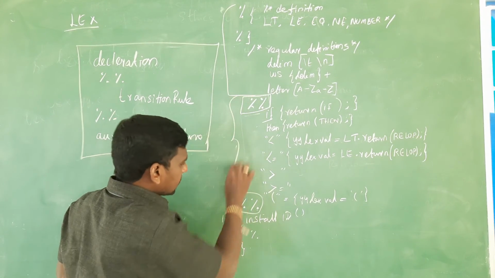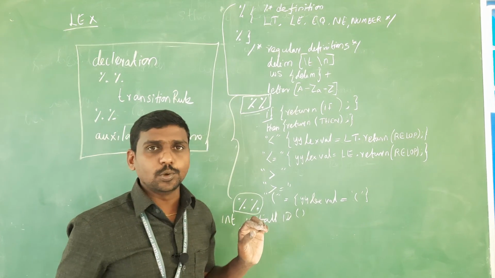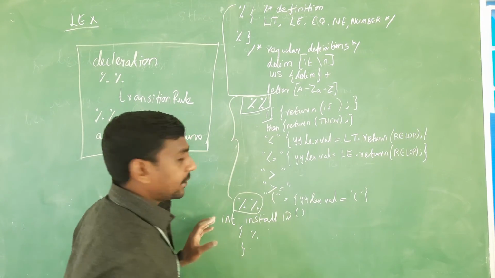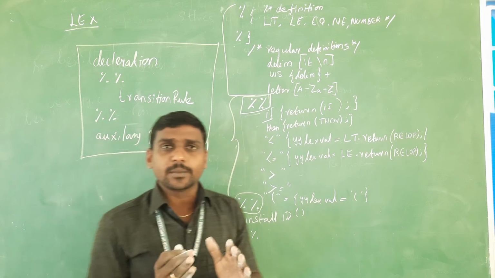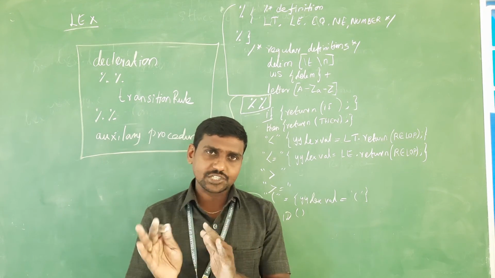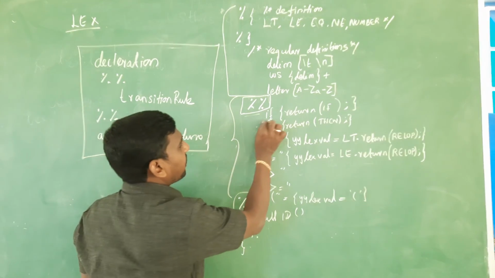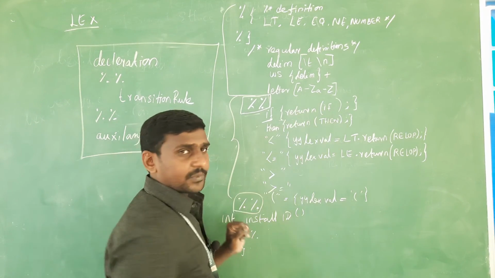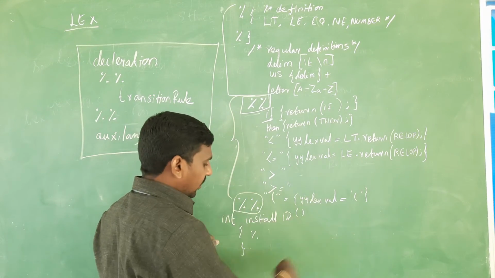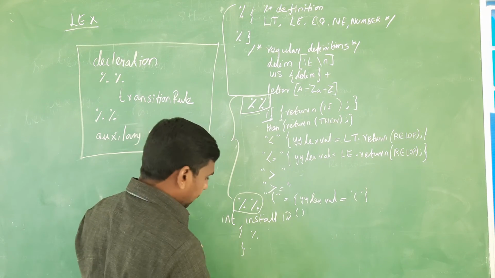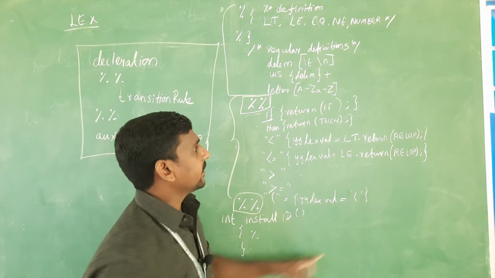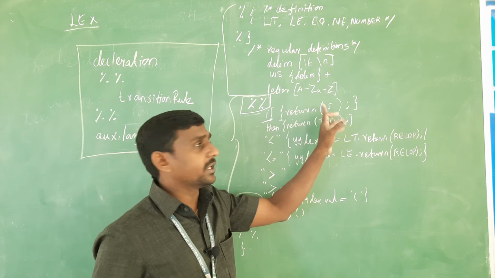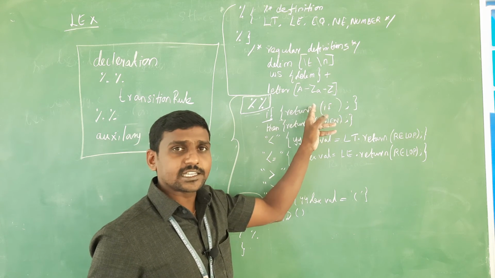So till this it is the transition rule, clear? I told you the transition rule format: pattern, action. See, if is a pattern and this is an action, right? Return if means the C program will perform the operation, that is the auxiliary procedure, and the output should be given to if in this section.